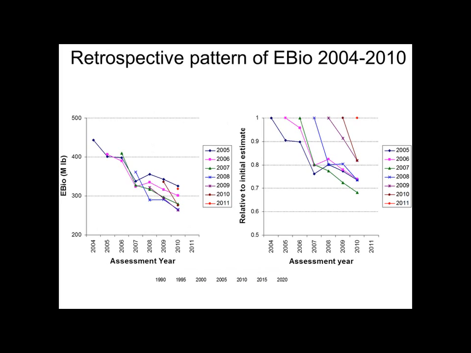So another way of looking at this problem is looking at how that first look that we get at each exploitable biomass, and that's where we set the quotas at, gets revised each subsequent year. For example, the assessment that was done in year 2004 produced a 2005 estimate of this number here, which is about 425 or so, no, more than that, 440 say.